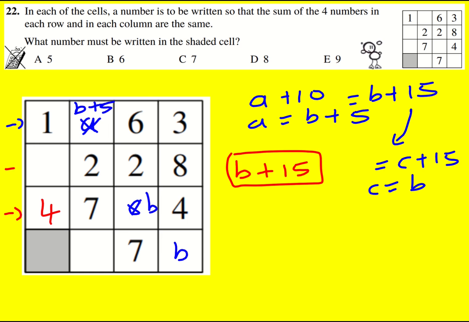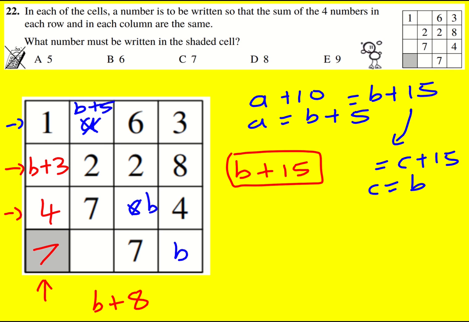Whereas if I look at this row, I've got 12 so far, so it's got to be B plus 3. Okay, here, if I look now, I've got at the moment B plus 8, and so to get B plus 15, this is going to have to be 7.